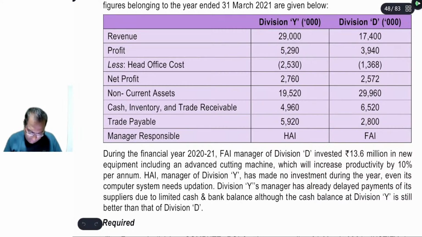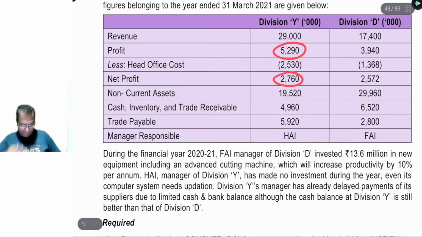Whether the controllable profit is 2760 or it's 5290. Bhavin beta, please reconsider your answer.